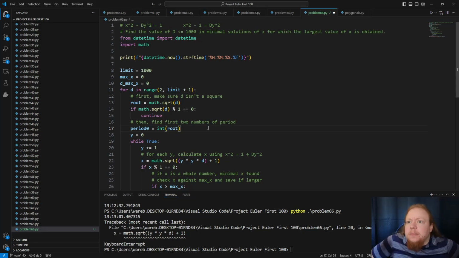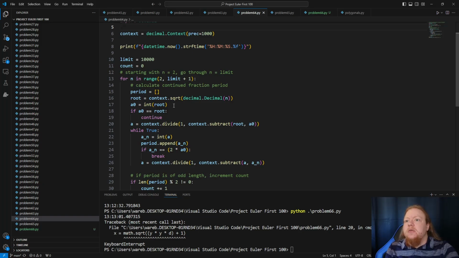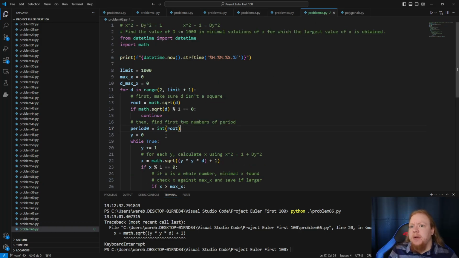and then period 1 is what happens when we subtract the integer part and then divide 1 by that number.